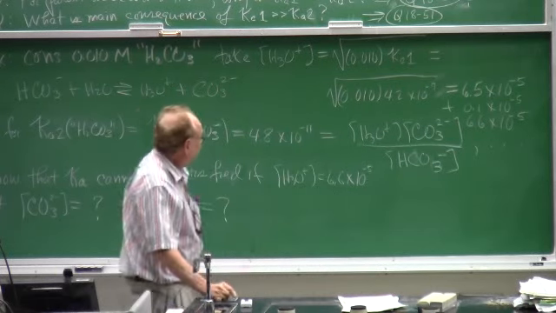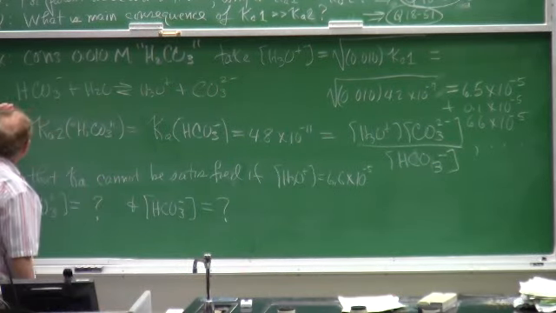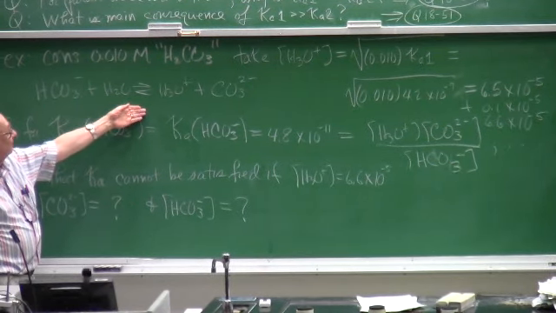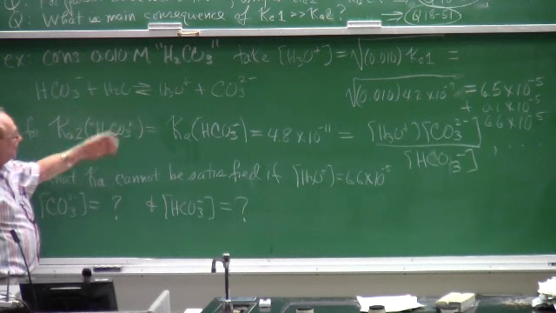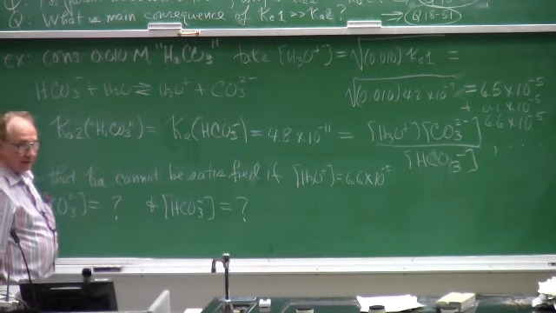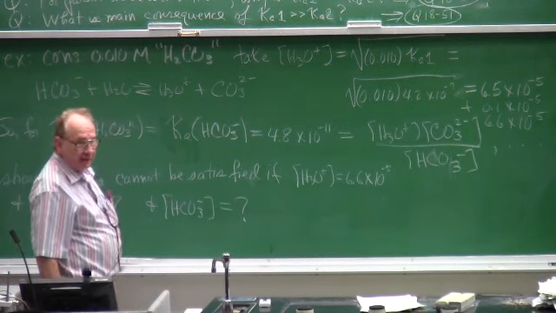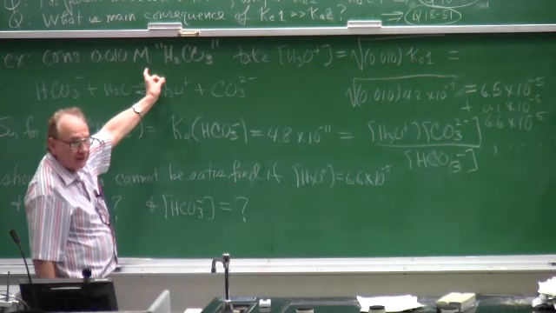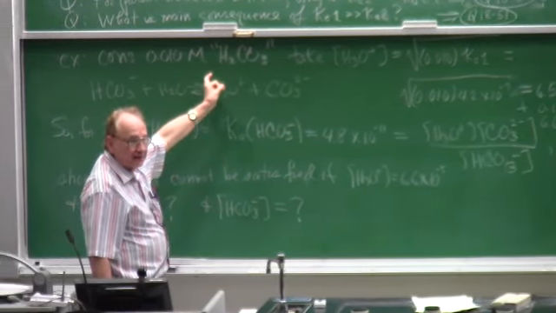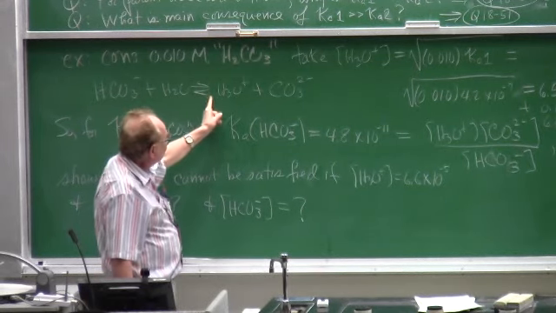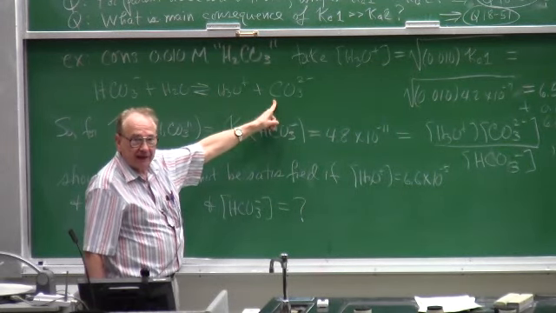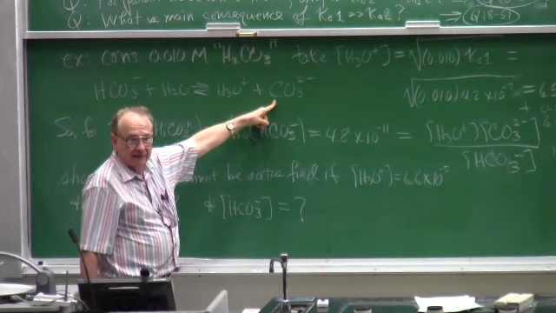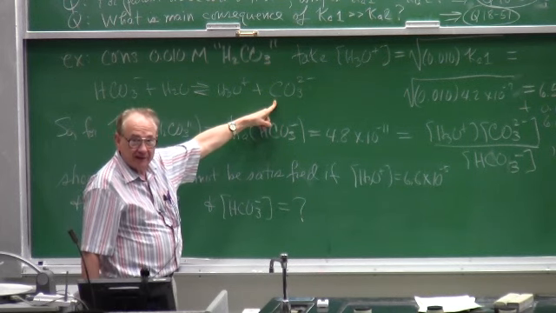That means if this reaction goes, there's the second ionization equilibrium for this acid. If this reaction goes, so as to increase the hydronium ion concentration from 6.5 times 10 to the minus 5 from the first ionization equilibrium to 6.6 times 10 to the minus 5, then this reaction has also created a carbonate ion molarity of 1 times 10 to the minus 6. Right? That's just stoichiometry.